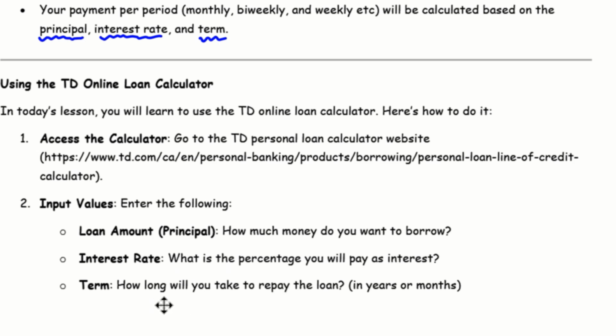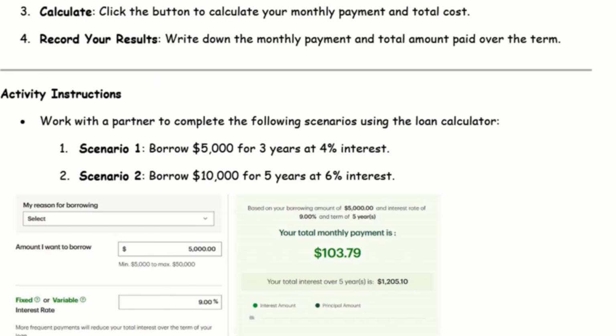Then you determine how long you will take to repay the loan, in years or months. After that, you input monthly, bi-weekly, or another period. Then on the right side, it will show the monthly payment if you pay monthly, and also the interest.